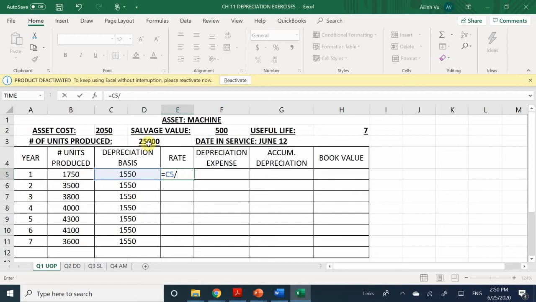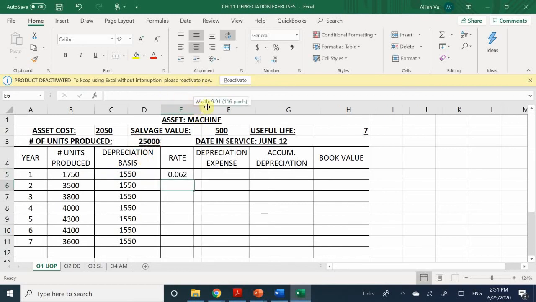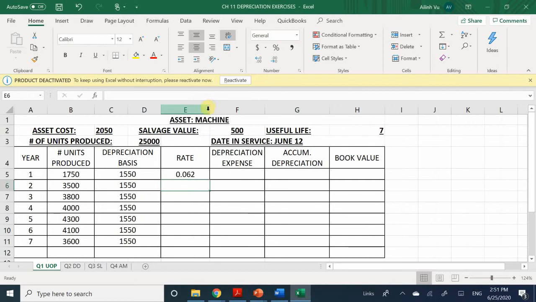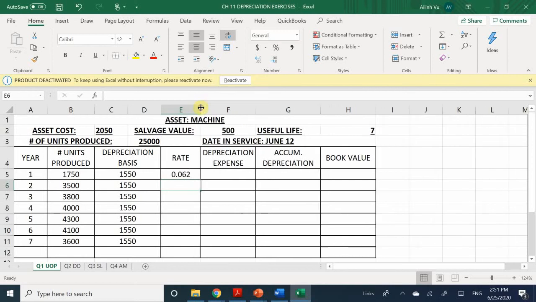Okay, so I'm taking my 1,550 and I'm going to divide it by the units, 25,000. Yes, 25,000. Okay, divided by 25,000.